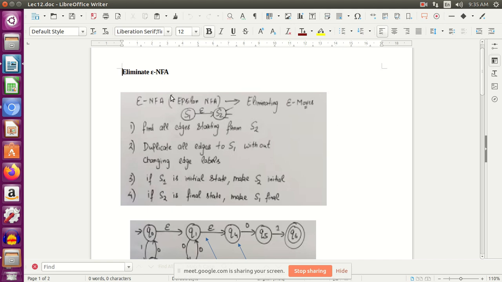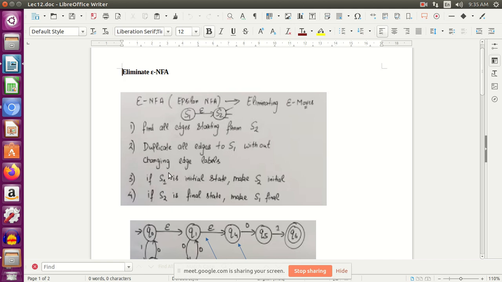These are the steps being depicted here. If it's an epsilon NFA, we assume we have two states, S1 and S2, and there is an epsilon move between S1 and S2. Now we have to find all the edges starting from S2, the state from where the epsilon move is going, and duplicate all those edges from S1 without changing the edge labels.